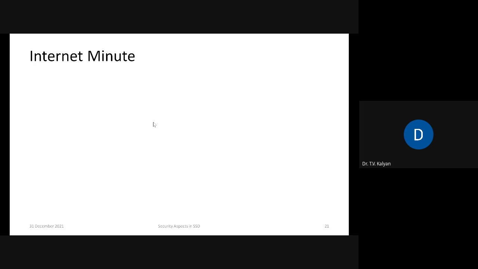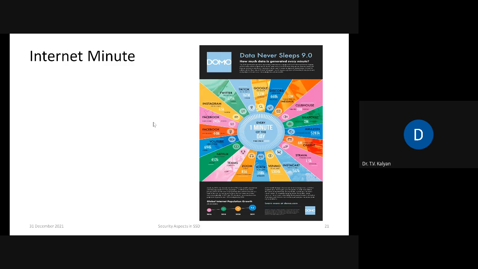A quick point about why we should be concerned about storage to begin with. On the screen, you can see the term internet minute. It is defined as all the activities that are happening over the internet across the globe. There is a popular site called Domo, in short, that releases studies that it has performed every year.